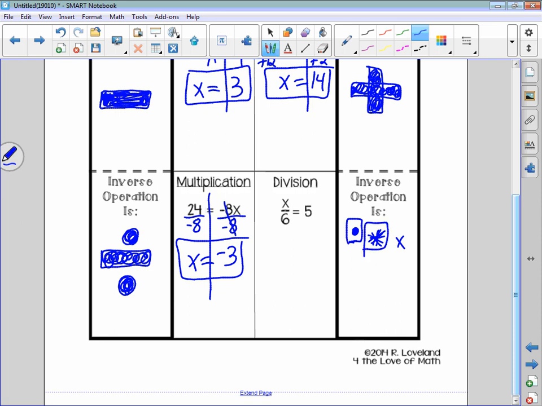So we have X divided by 6 equals 5. I need to get rid of that constant of 6 by multiplying, but if I do it to one side, I have to do it to the other. The 6's will cancel out, and I'm left with X equals 5 times 6, which is 30.